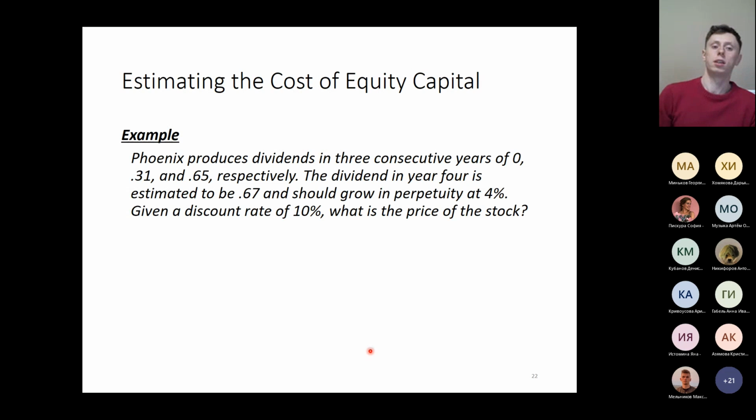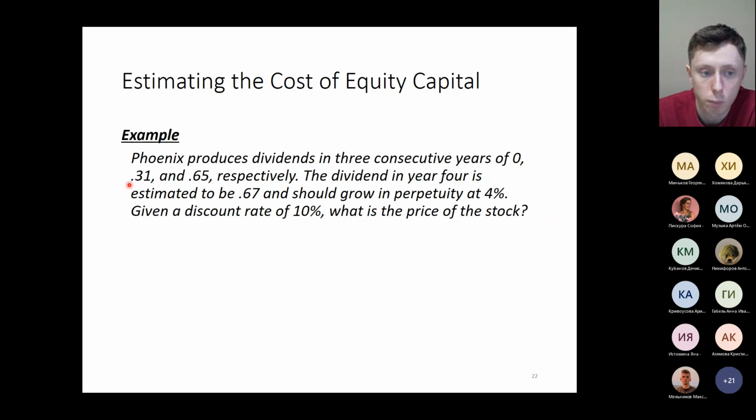Let's consider an example. Company Phoenix produces a dividend in 3 consecutive years: first year 0, second year 41 cents, and third year 65 cents. By the way, sometimes in American books the 0 might be omitted.